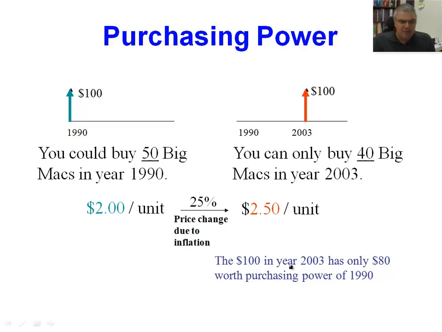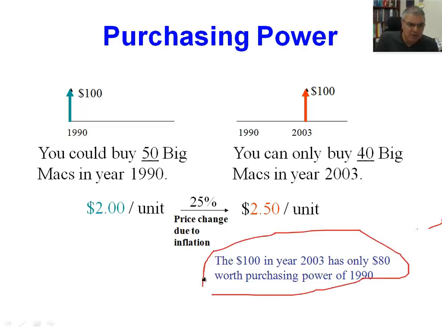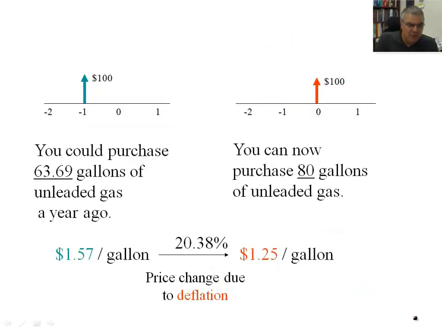Again, there is a price change due to inflation, and over that 13-year period, that turned out to be 25%. So the $100 in year 2003 has only $80 worth of purchasing power of 1990. That's what we mean by 1990 dollars and today's dollars.